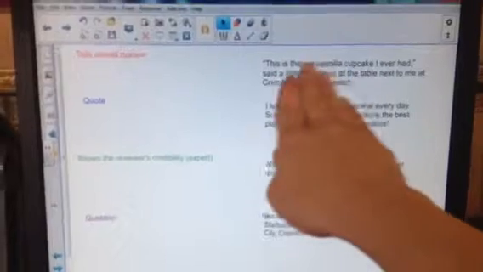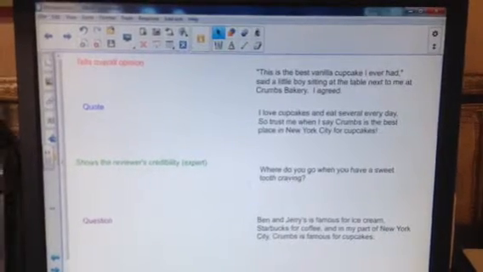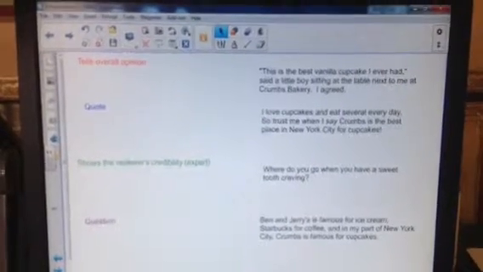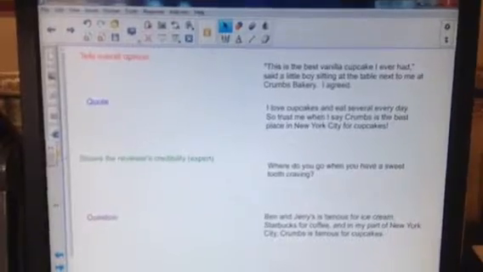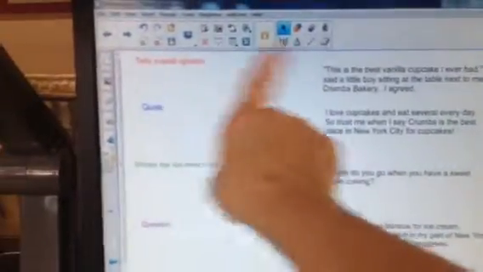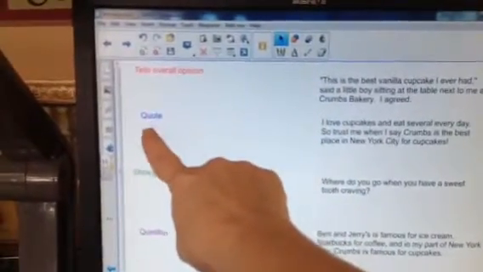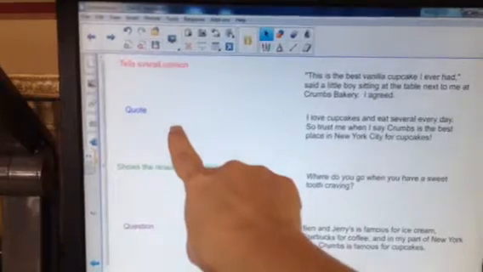This first one I'm going to read: "This is the best vanilla cupcake I ever had," said a little boy sitting at the table next to me at Crumbs Bakery. I agreed. If we were going to match that and draw a line, would we draw a line to this one? Does it tell an overall opinion? Is it a quote that somebody said?